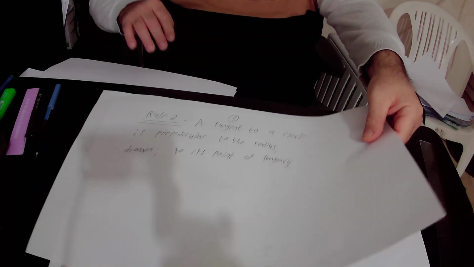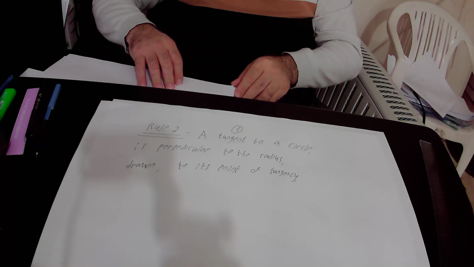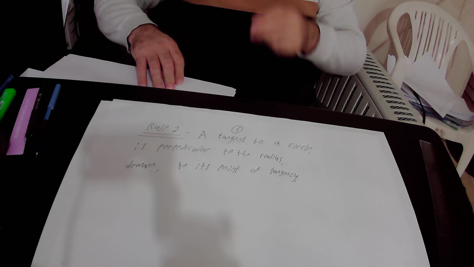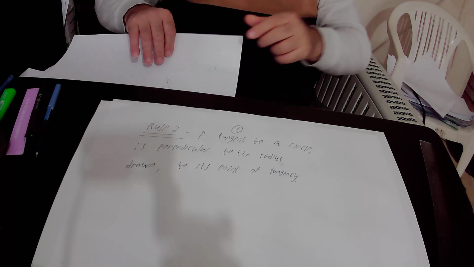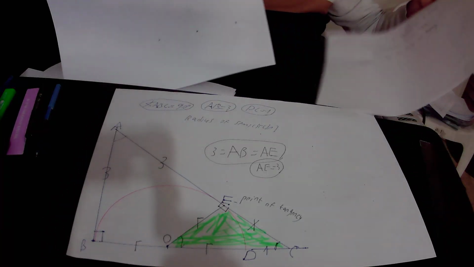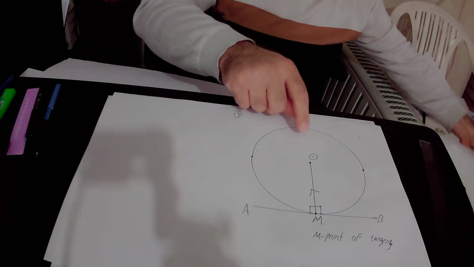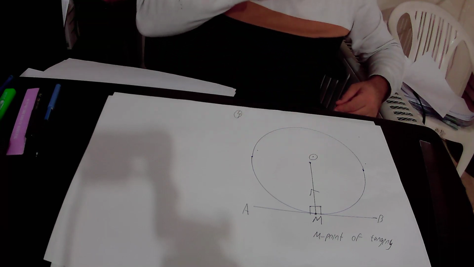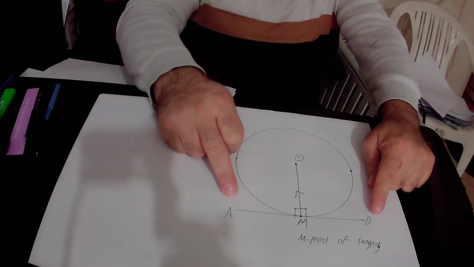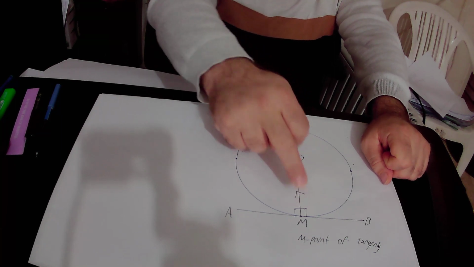Then I presented to you also rule number 2. Rule number 2 states that a tangent to a circle is perpendicular to the radius drawn to its point of tangency. So, what is the meaning of rule number 2? The meaning is that if we have this circle with center at point O, and we also have tangent AB, tangent to this blue circle at point M, point M is the point of tangency.